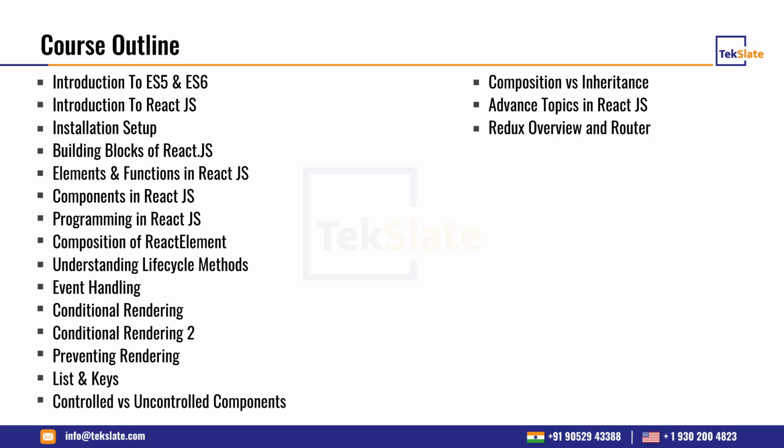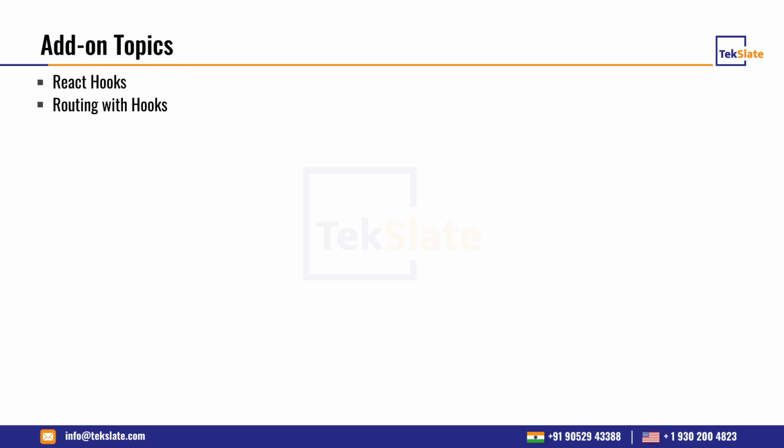Along with that, advanced topics like hooks and how to route with hooks also. You will get some clarity on hooks because hooks is very popular nowadays, especially with functional components. So we'll also discuss that.